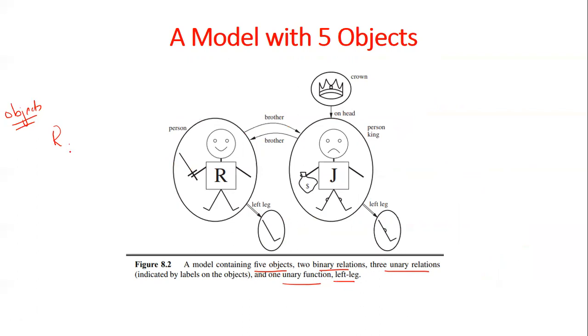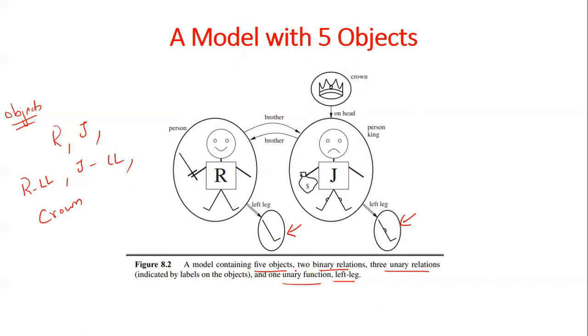Richard is an object. John is an object. Richard's left leg, or LL, is an object. This is a separate object. John's left leg is also a separate object. And then the crown. These are the objects.